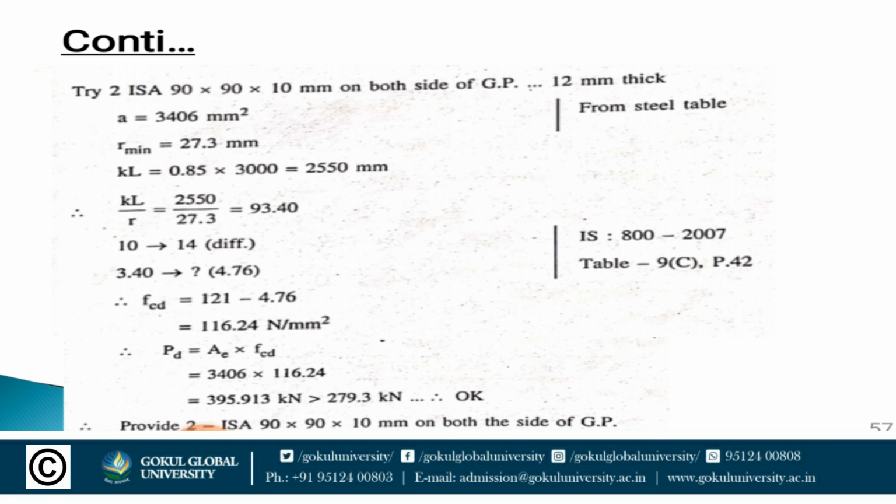So we got the value of KL upon r. Then we interpolate and we got the value of fcd. Then we got the design compressive force. So provide 2 ISA 90 by 90 by 10 mm on both sides of the gusset plate. So our section here is also okay.